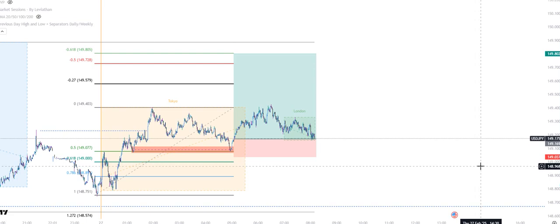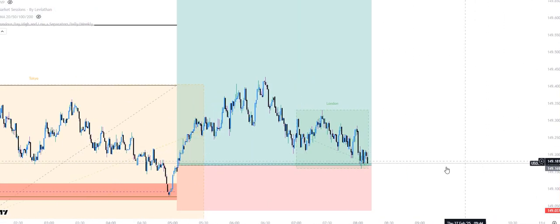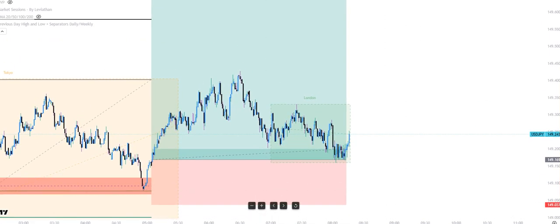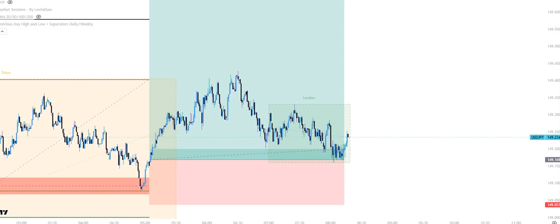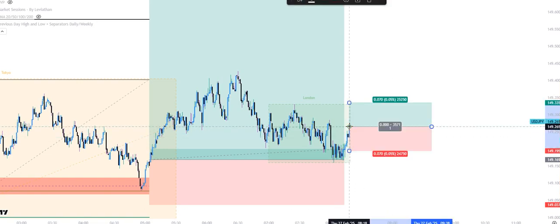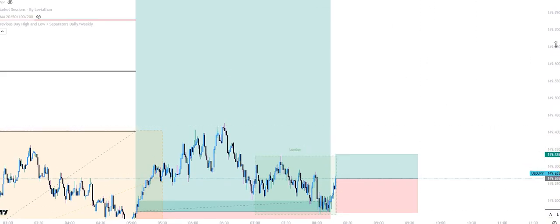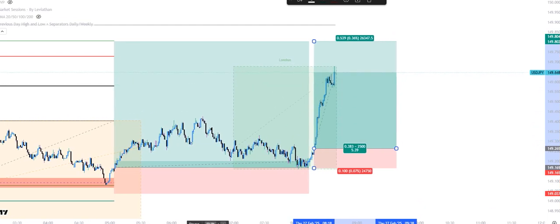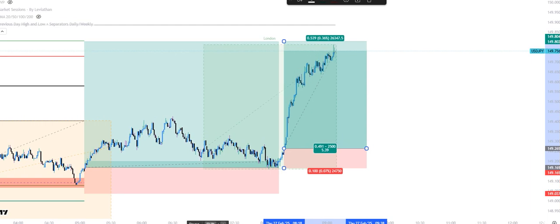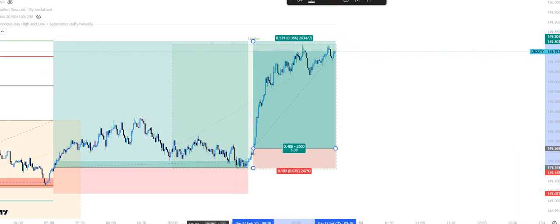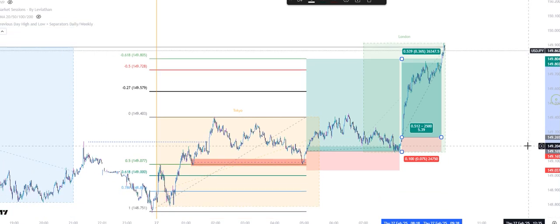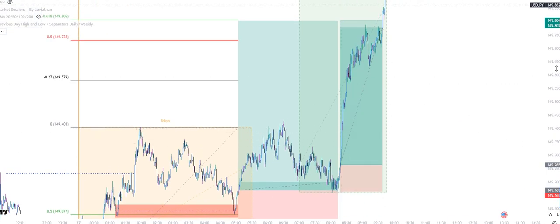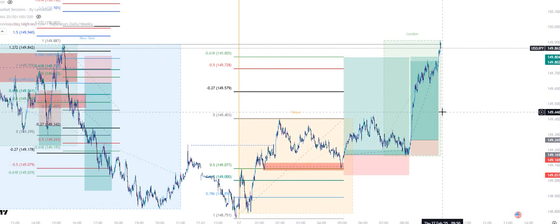Okay, that'll give me another entry. There we go, nice one. 50% entry, favor the gap, and then London session as well gave us a nice move. So this is 4, this is 9, that's a good one.